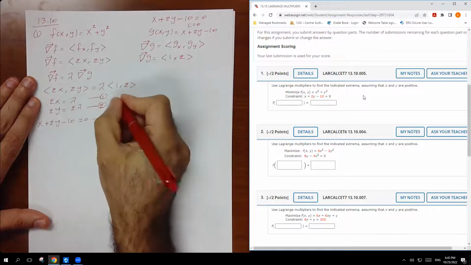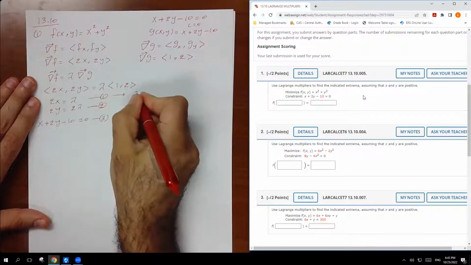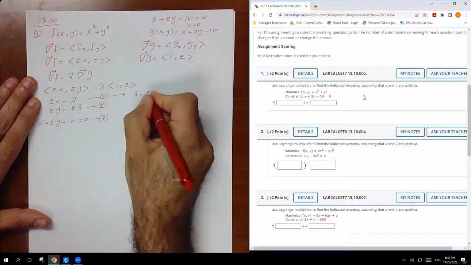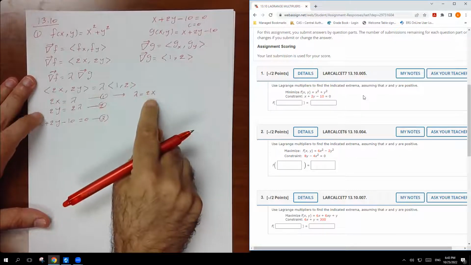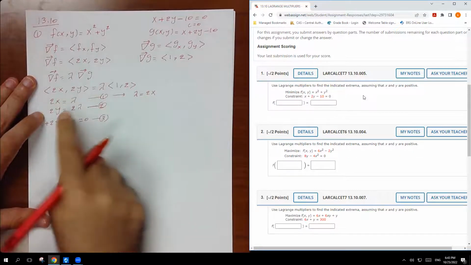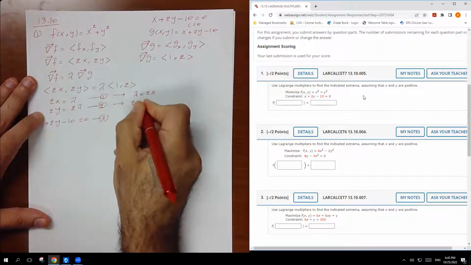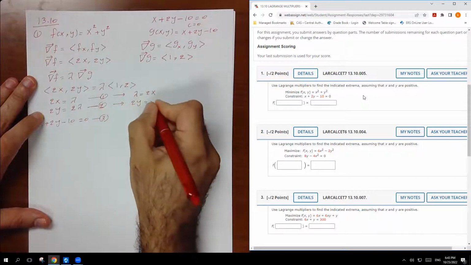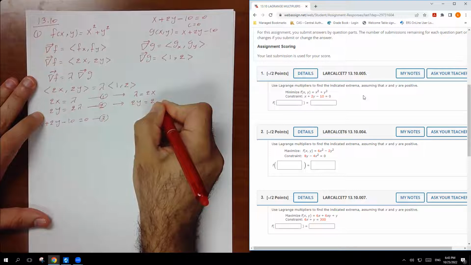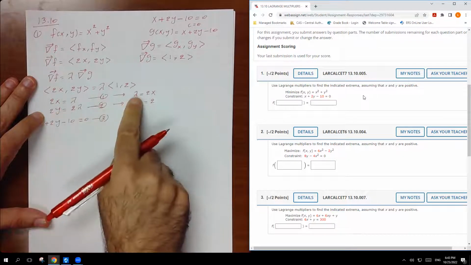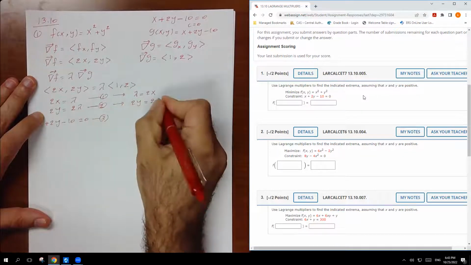From the first equation, we can find that lambda is going to be equal to 2x. And I'm going to plug in this one into the second one. So plug in here, that means 2y is going to be equal to 2 times lambda, and the lambda is going to be 2x.